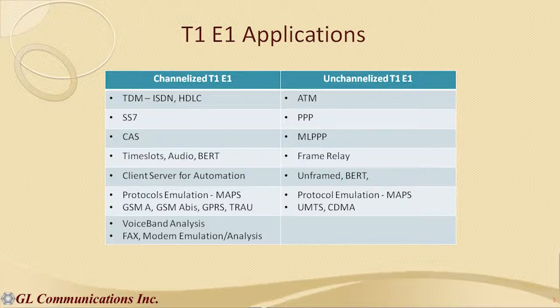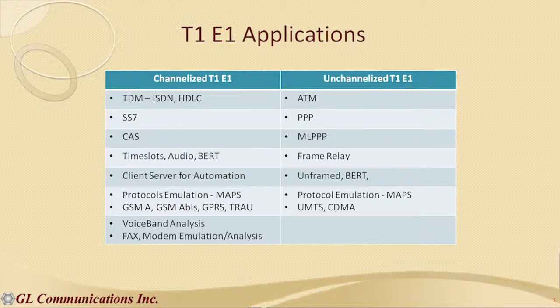Now, you know that T1E1 applications are the foundation for most of the protocols that are out there in the telecom environment now. And it continues to be one of the basic foundations for transmission and switching technologies. I think all of you are familiar with T1 and E1.